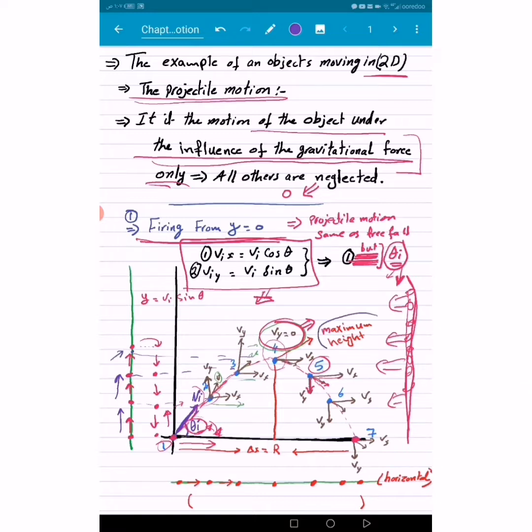In this point, the velocity is equal to 0 in Y, and the object has reached the maximum height, and we discussed how to find the maximum height, delta Y, from here to here.